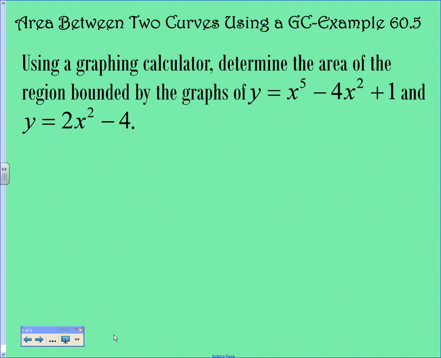So we're going to do from negative 0.8670 up to 1. Now, which curve was on top for this portion of the area? Was it the x to the 5th or the x squared? The x to the 5th is on top.